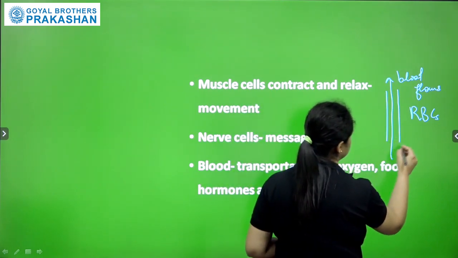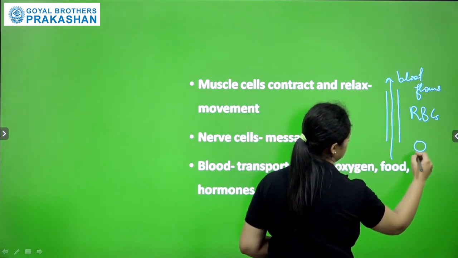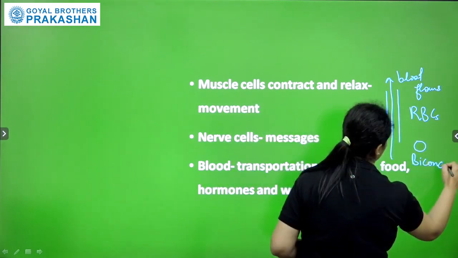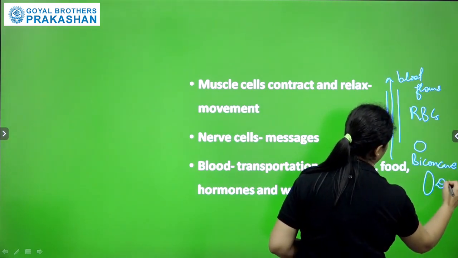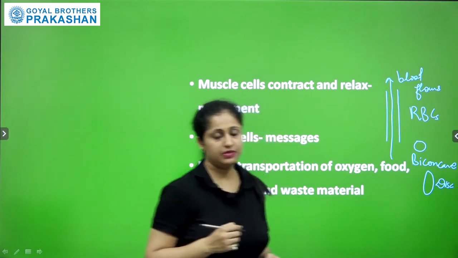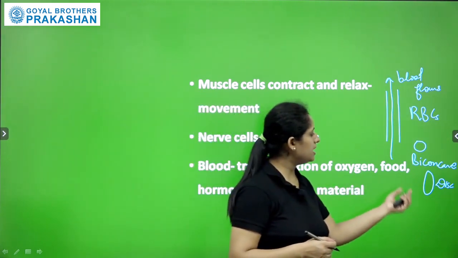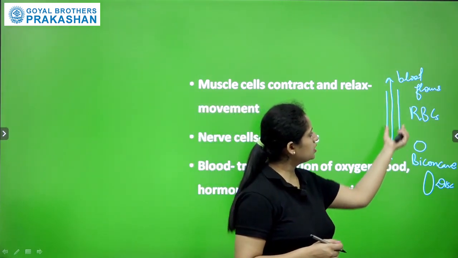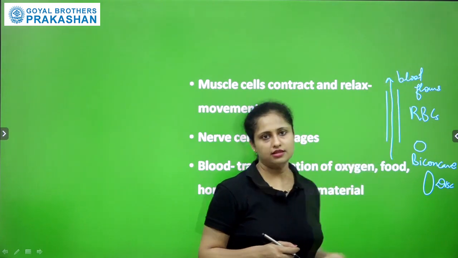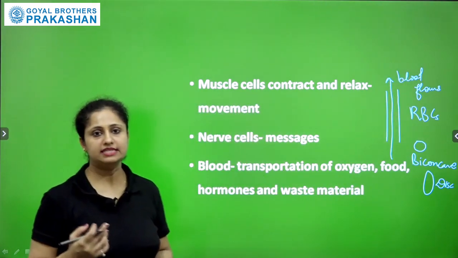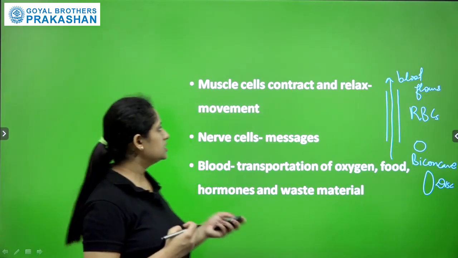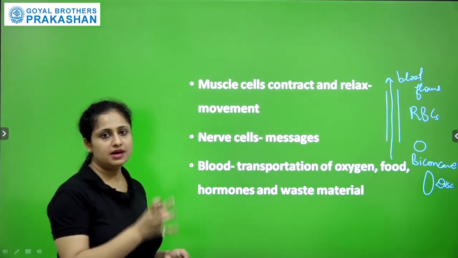So the shape of the RBCs is biconcave like this, somewhat disc-like. This is just to make it possible to pass through this blood vessel. So this is how the shapes of cells differ, specific to performing some functions.